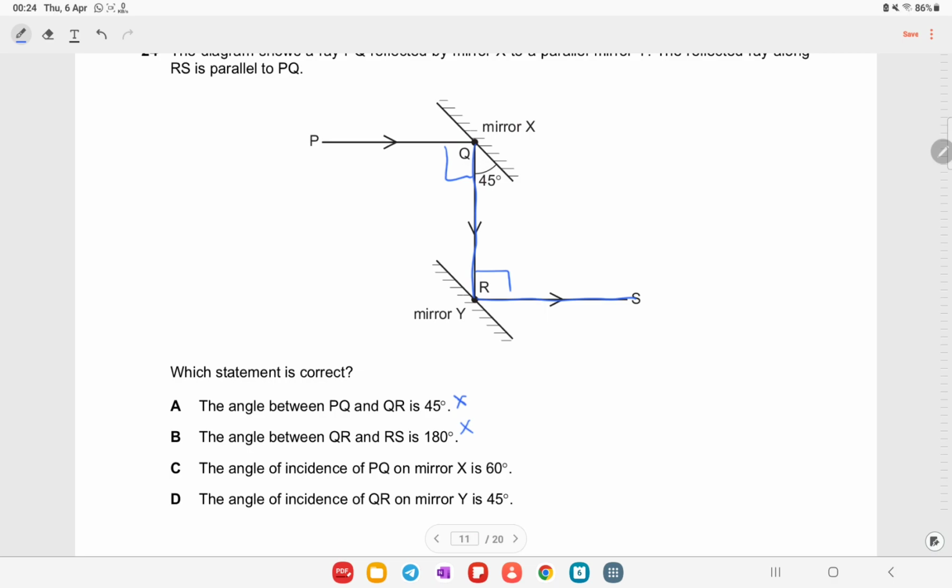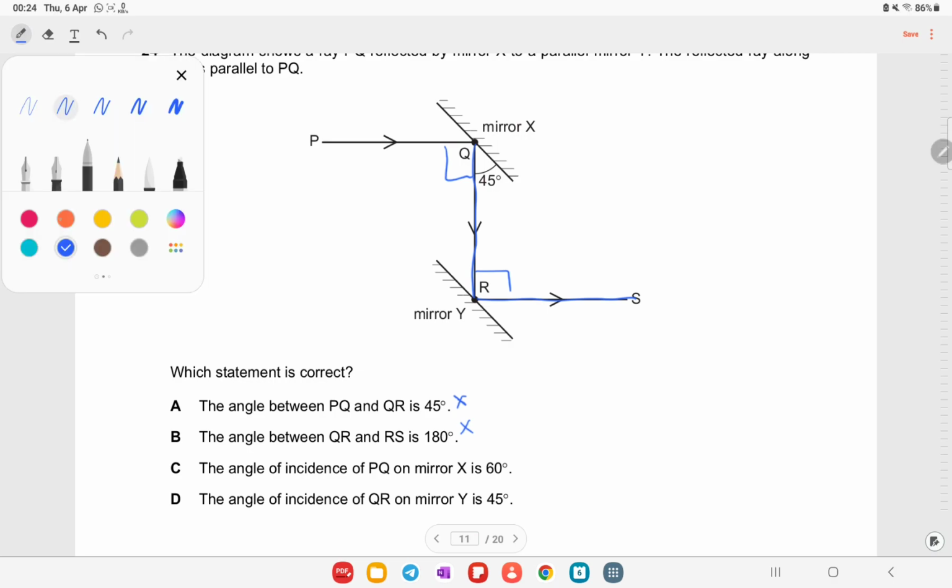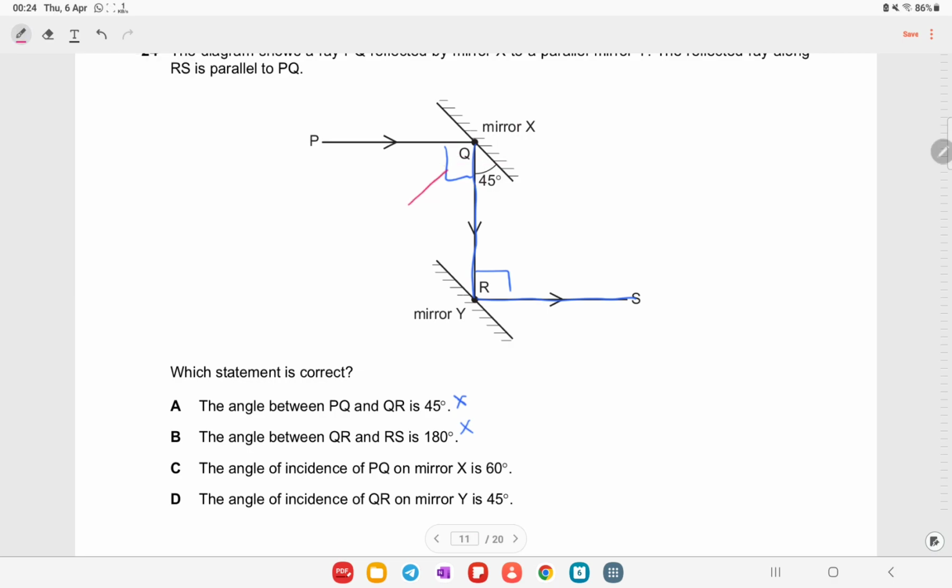The angle of incidence of PQ on mirror X is 60? If I draw the normal over here, this angle which I'm shading is the angle of incidence. So this is 45. For reflection, the angle of incidence is equal to the angle of reflection, so this is again wrong.